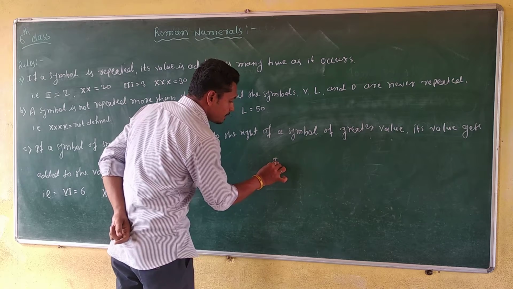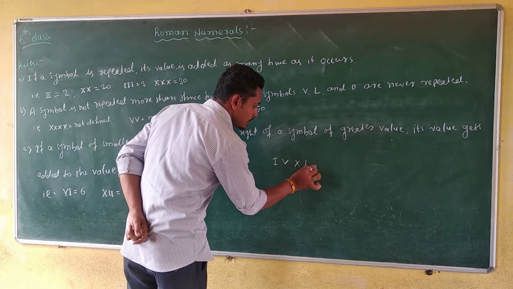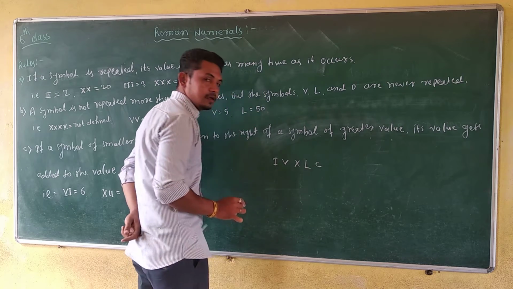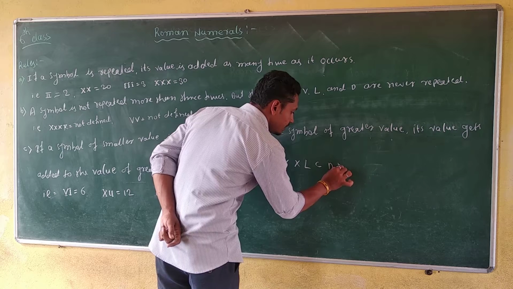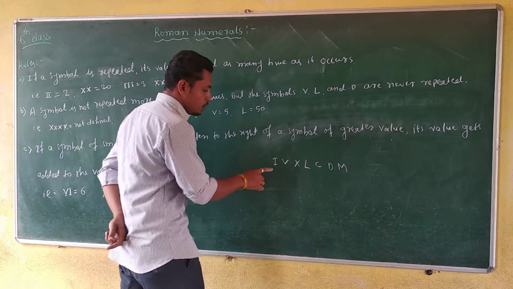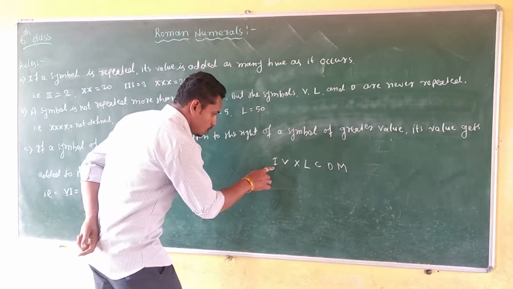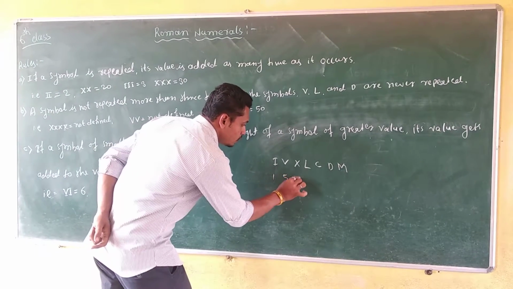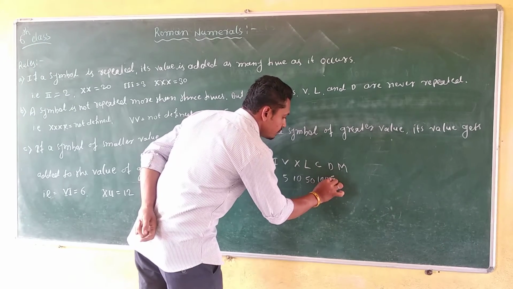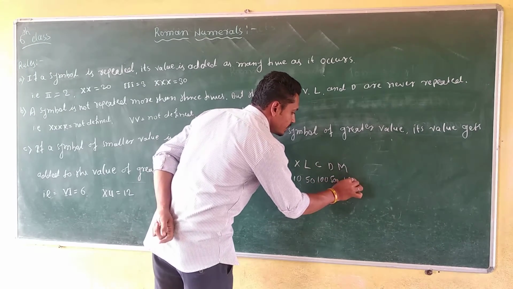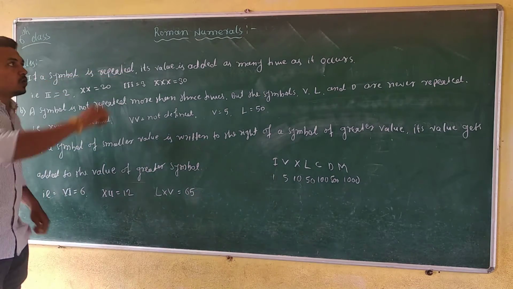I, V, X, L, C, D, M. That is 1, 2, 3, 4, 5, 6, 7. So I is 1, V is 5, X is 10, L is 50, C is 100, D is 500, and M is 1000. These are the 7 symbols of Roman numerals.